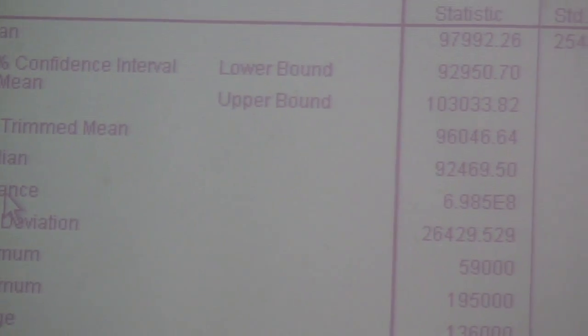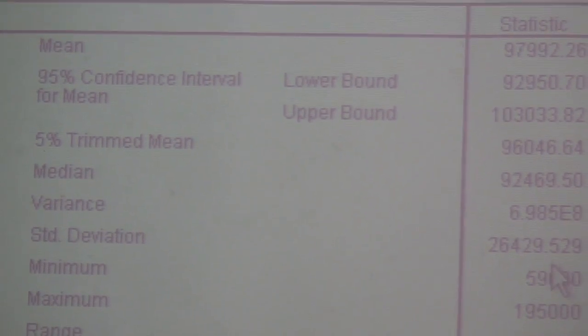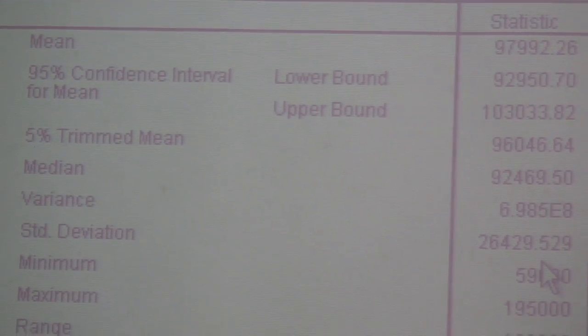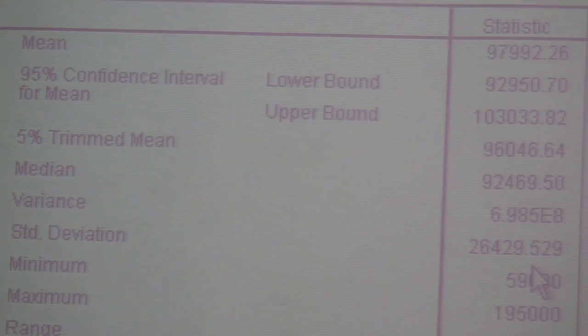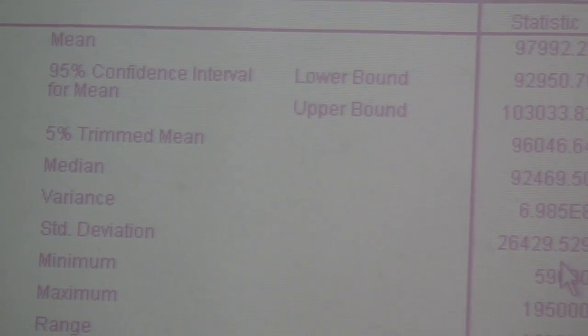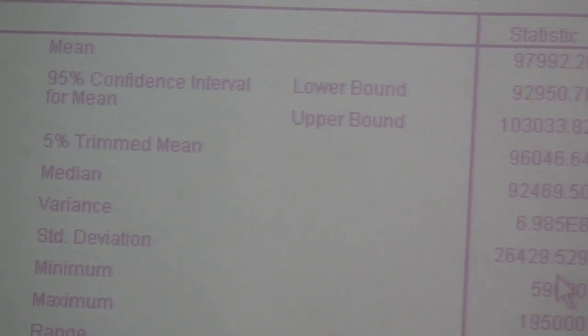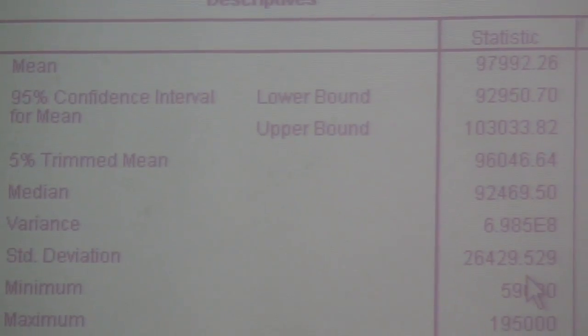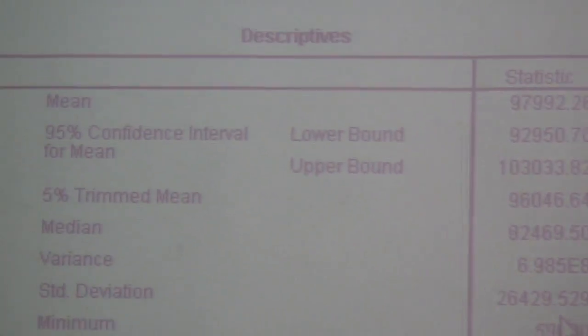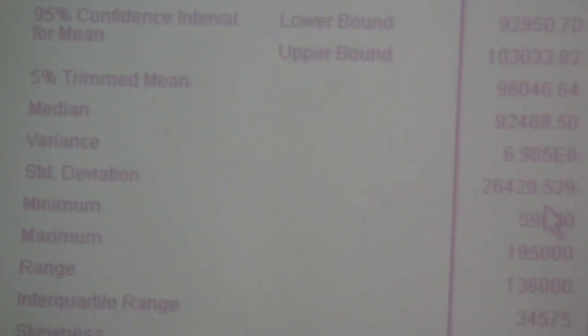So standard deviation in this case is $26,429.53. So what this says is that we think the average house sells for, in this case, $98,000. The average house sells for $98,000.